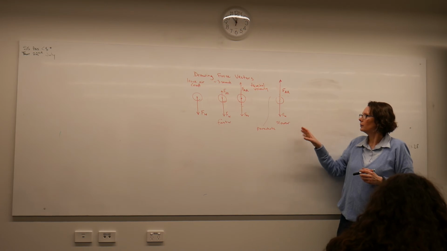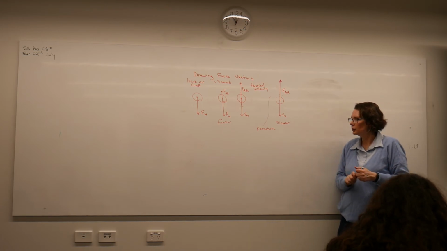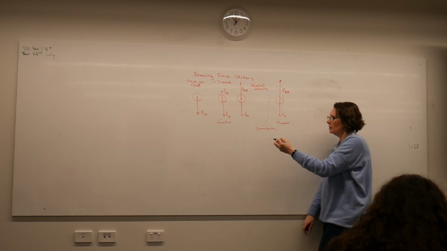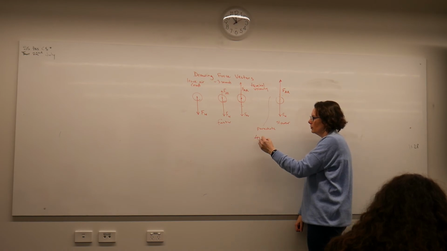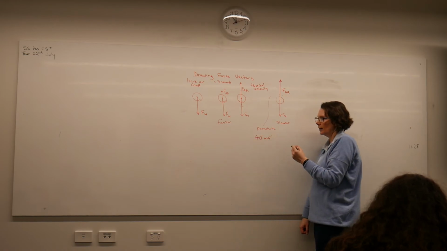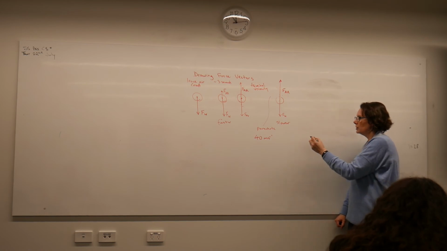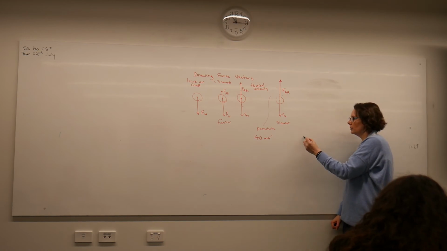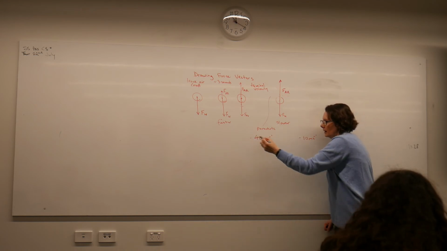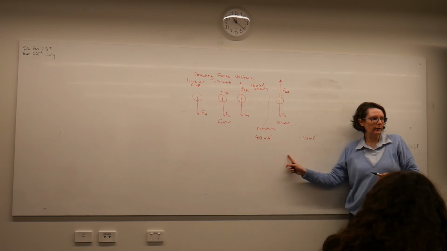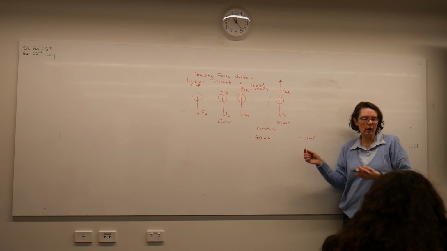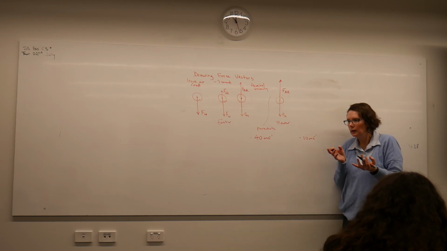So if we think about opening the parachute, say you were travelling at 40 metres a second, and then you are going to reach terminal velocity travelling at 10 metres a second down, then you've decelerated, haven't you? You're going slower than you were before.